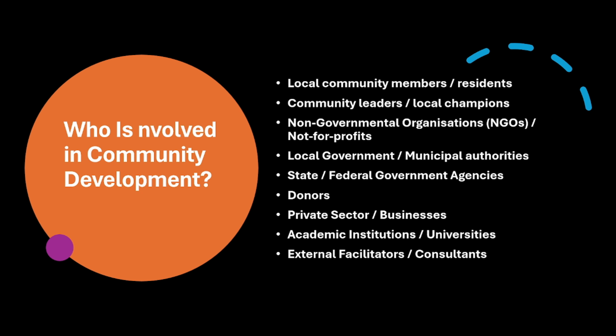Local businesses can partner, for example, a sponsor who provides skills, social enterprises, impact investors. Academic institutions, universities, and researchers offer expertise, evaluation, research, and training. And last, we have external facilitators or consultants to help with process design, mediation, and technical knowledge, but they must not dominate.